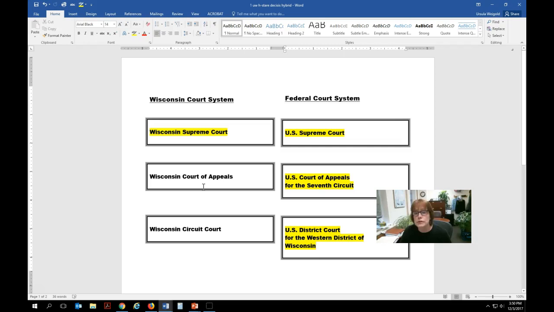I suppose the reasoning might be that state courts, even intermediate state courts, have more experience in interpreting state law, so shouldn't they be authoritative on state law questions in a federal court? And the answer is no, actually.